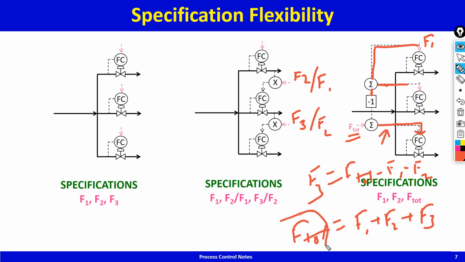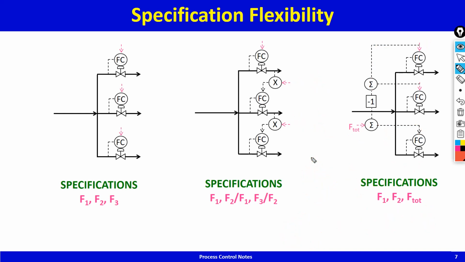So if F dot is specified, F3 is made dependent. So the specification variables in this case are F1, F2 and F dot, and you can have infinite such combinations. I can have quadratic, exponential, hyperbolic, whatever function you want, you can program that. So there is tremendous flexibility in what you specify corresponding to the degrees of freedom that are available to you. In fact, infinite flexibility.